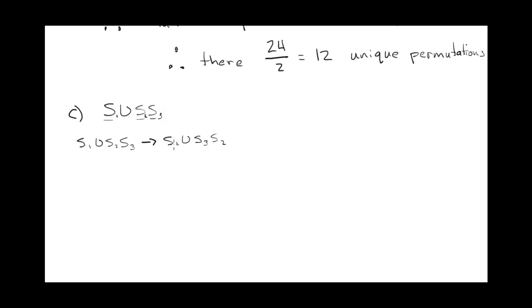So that's the same, but it could also be the same as S2, U, S1, S3, S2, U, S3, S1, or S3, U, S1, S2, and S3, U, S2, S1. So there was 1, 2, 3, 4, 5, 6.